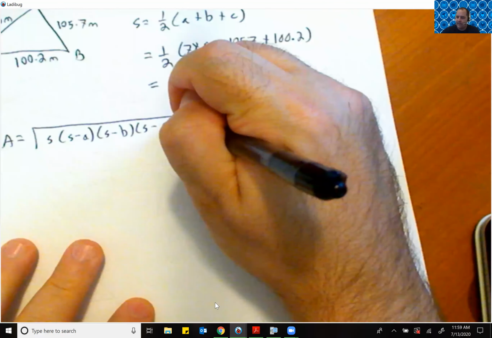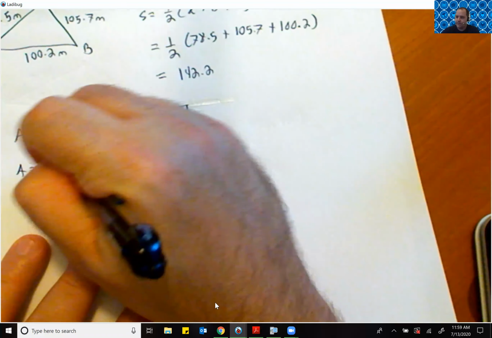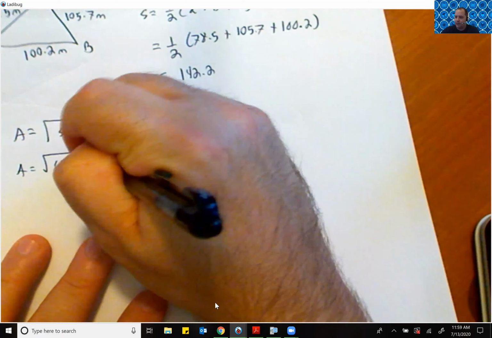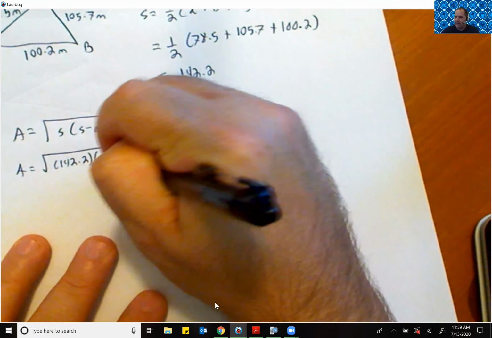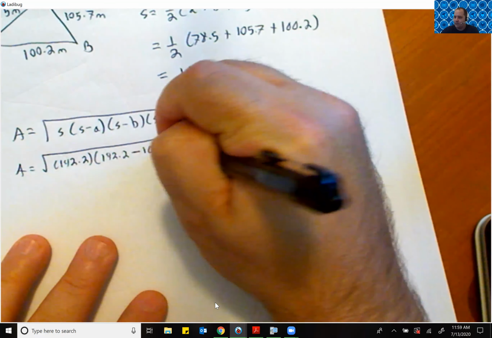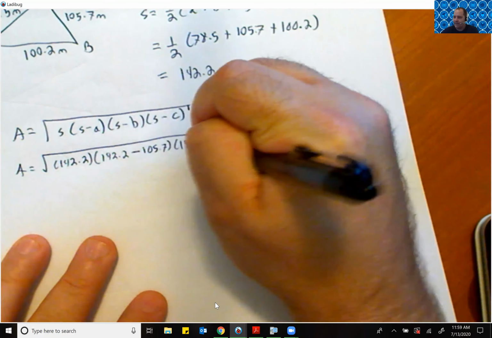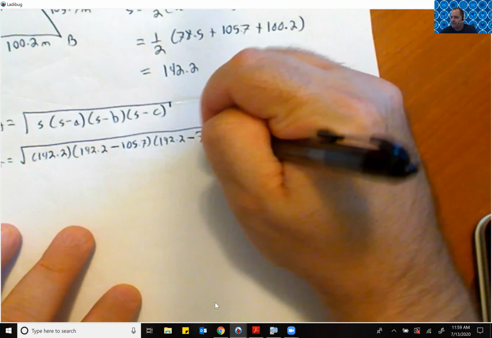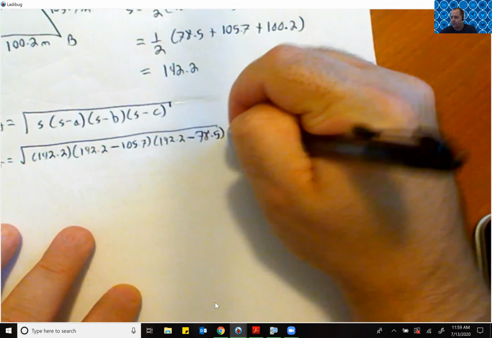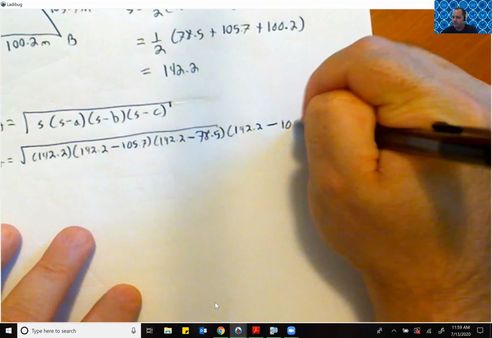So A is equal to the square root of 142.2 times 142.2 minus 105.7, 142.2 minus 78.5, and 142.2 minus 100.2.